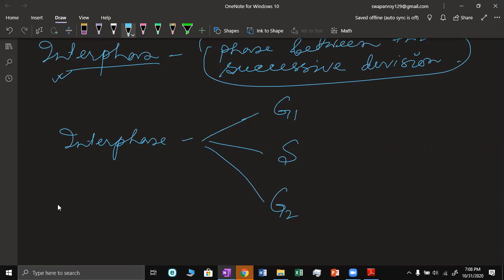This G stands for gap, so gap 1, gap 2. And this S stands for synthesis.